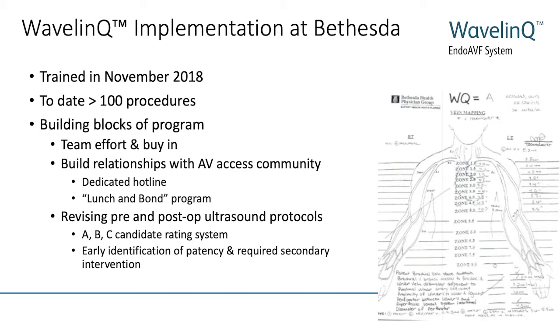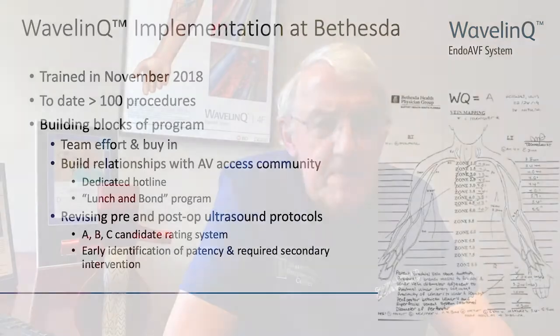And then that perforator is going to drain into either the basilic vein, the cephalic vein, or both veins, and each of them will be unencumbered by fibrotic lesions from either IV starts, blood draws, PICC lines, or other forms of venous trauma. The anatomy of the arterial side has not been a problem in determining whether the patient is a candidate or not. So the grading system for the WavelinQ primarily relates to the venous anatomy. And if the venous anatomy is favorable, then we're going to go ahead and do a WavelinQ.